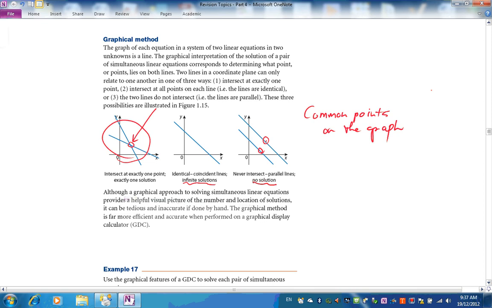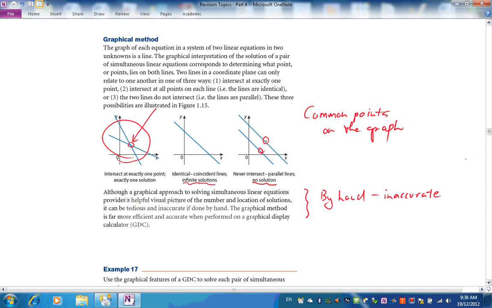Now this is good to draw a graph, but Pearson's makes an interesting point down here. You can't do it very well by hand if it doesn't come out obviously as whole numbers. So by hand, the graphical method is slightly inaccurate, because you're not sure that the point is exactly at (1, 2), for example, x is 1, y is 2.